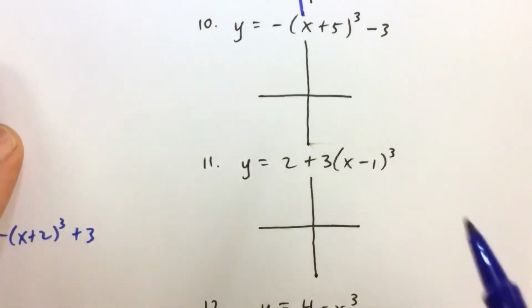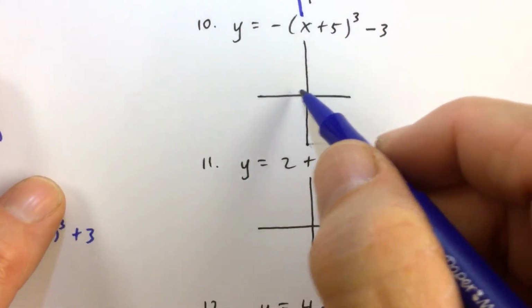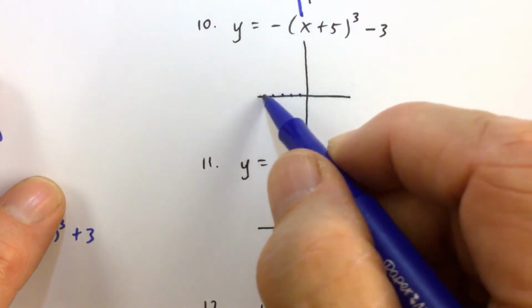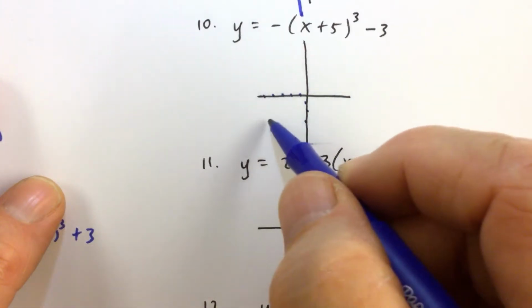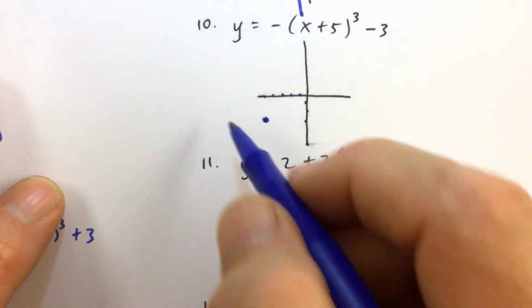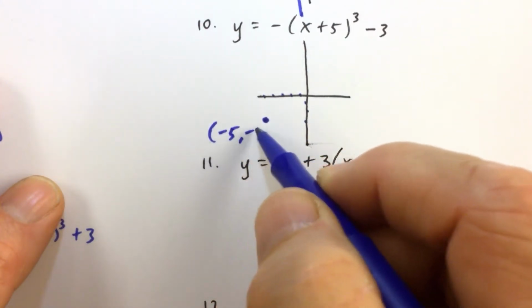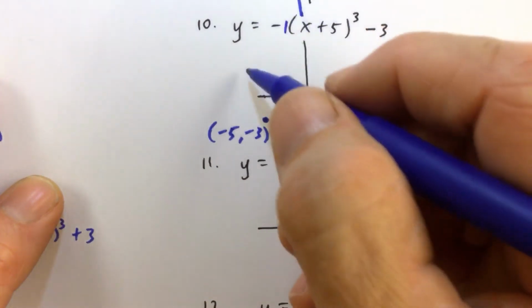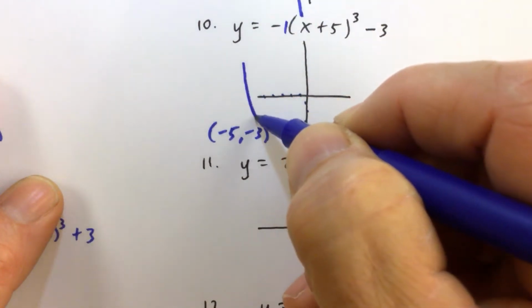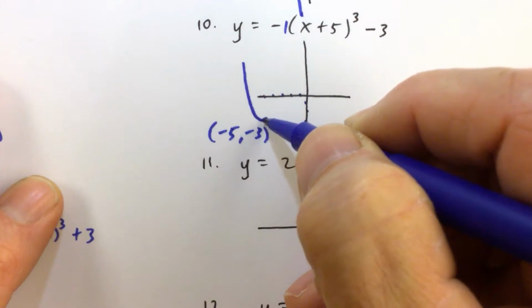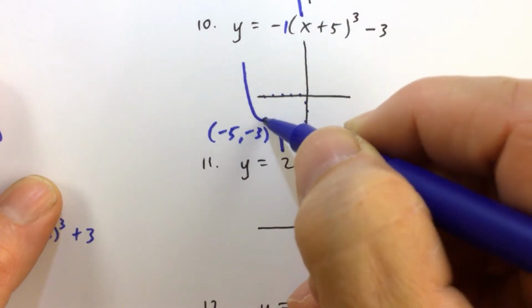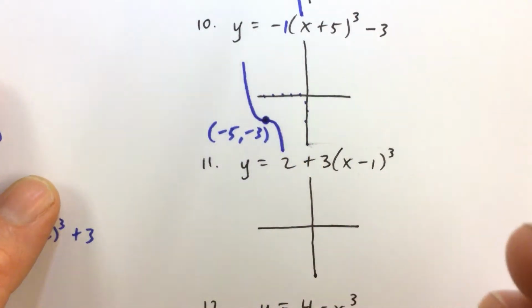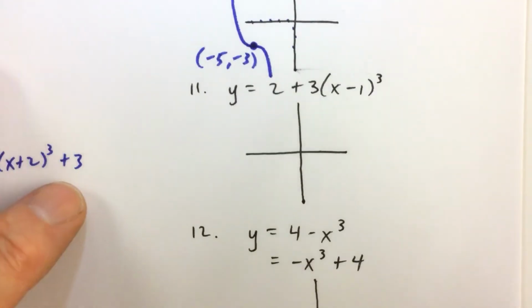For number 10, we're going to go left 5, down 3, 1, 2, 3, 4, 5, down 1, 2, 3, and our inflection point then is negative 5, negative 3, and it's decreasing, because a is negative 1, so we come down. Inflection point at negative 5, negative 3, make sure that dot is clearly labeled, and we're good to go.